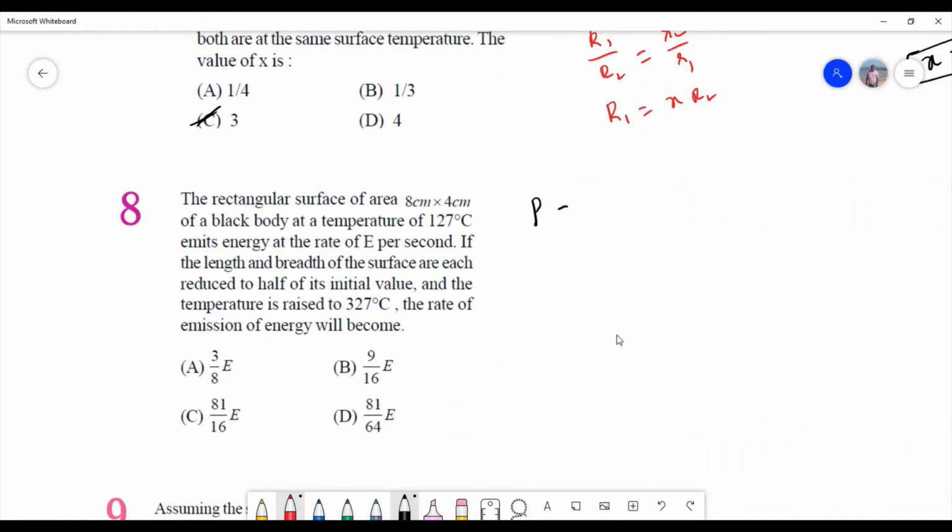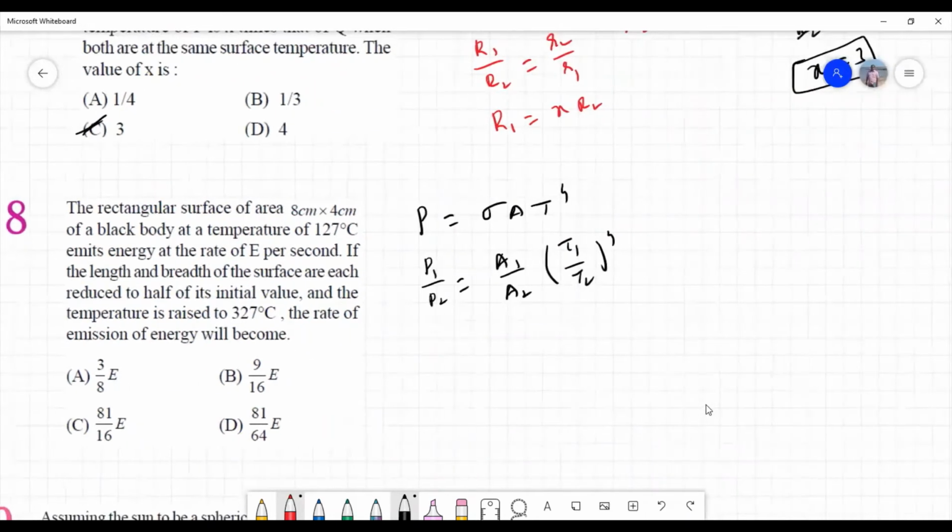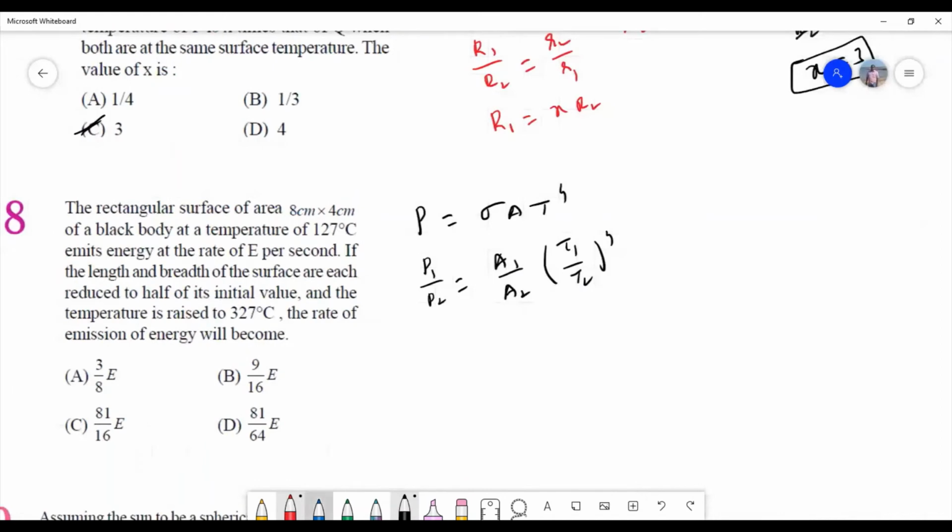Again, according to Stefan's law, sigma A T power 4. So this P1 upon P2 is equal to A1 upon A2 into T1 upon T2 whole power 4. So clearly we can say that here if A1 is equal to A, A2 becomes, it said that length by 2, breadth by 2.